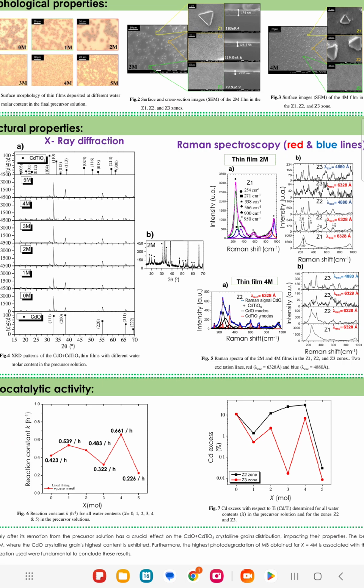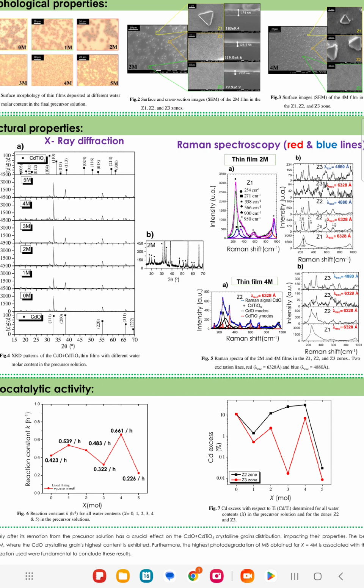This is for the zones Z2 and Z3, because we know that the zone Z1 corresponds mostly to cadmium oxide. The most important thing in this figure corresponds to the thin film with 4 mole of water.